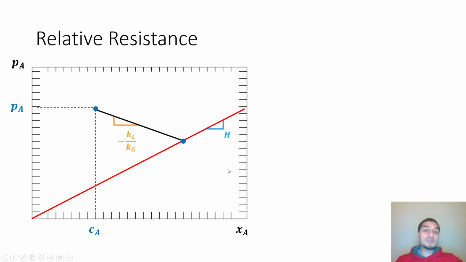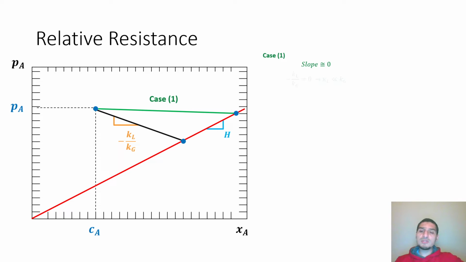But we have two extreme cases. The first is when the slope equals 0. When I have a slope equal to 0, it means that delta y over delta x equals 0, so the line is going to be horizontal or almost horizontal.